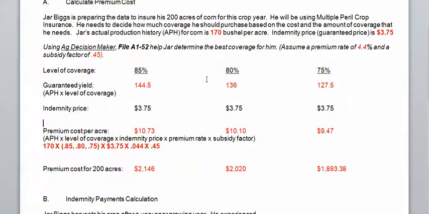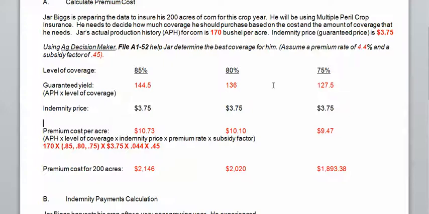We have three levels of coverage displayed in this particular example. To figure out our level of coverage, what you need to do is simply take our actual production history, in this case it's 170 bushels per acre, and multiply that by the percent coverage. 170 bushels per acre times 85% is 144.5 bushels. 80% of 170 is 136. 75% of 170 is 127 and a half.